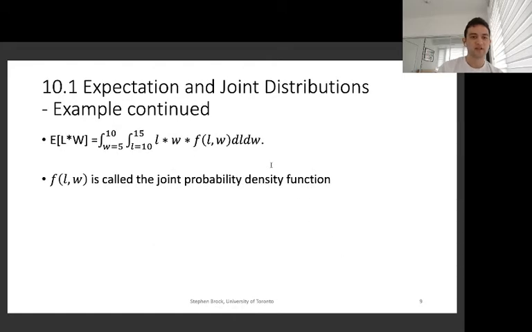All right, so if we go back to our example, we can break it into the expectation of L times W. That was our g(x,y). This is our function of L and W. And we're integrating over L, integrating over W, and we have L times W times this joint probability density function, and then dL dW. So f(L,W) is called the joint probability density function.